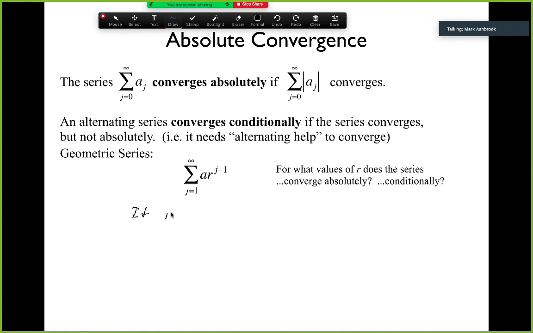If r is greater than 0 and less than 1, of course, then what can we say? It converges absolutely. Yeah, all the terms are positive, it doesn't alternate. And we know that when r is less than 1, this converges. And with all positive terms, it will converge absolutely.